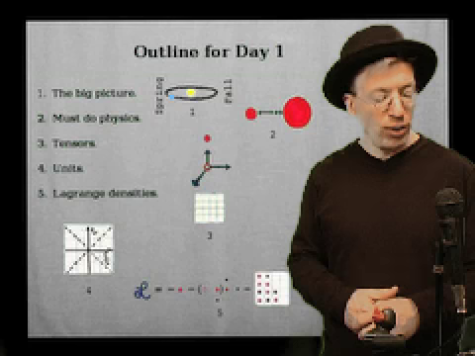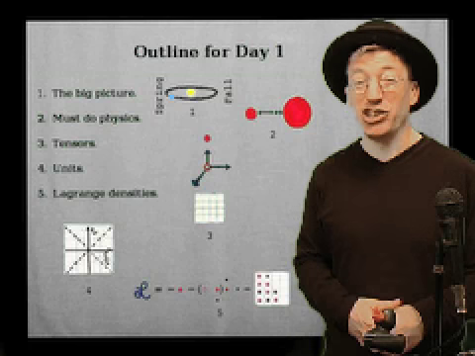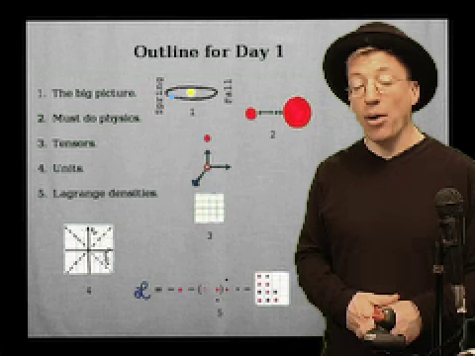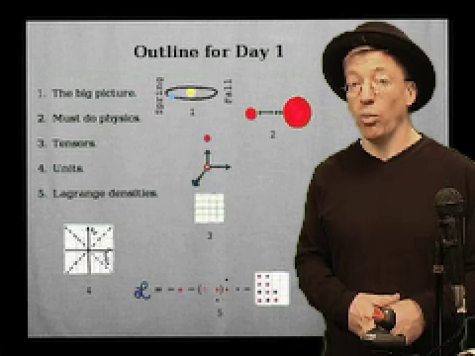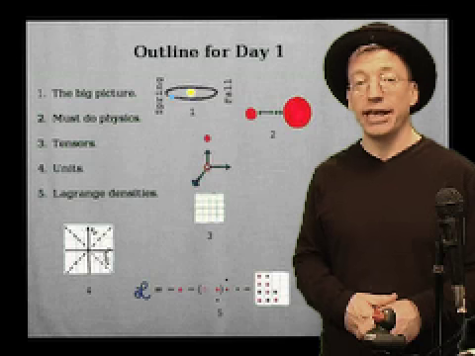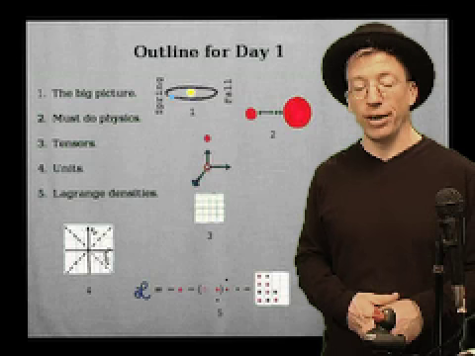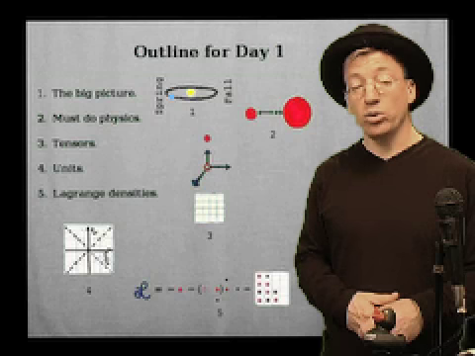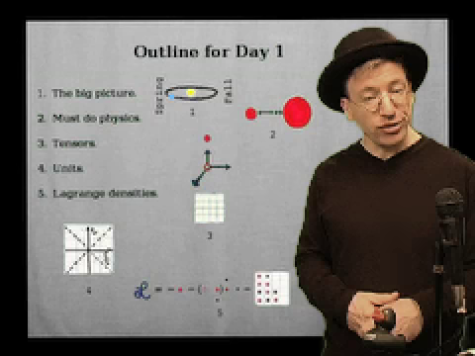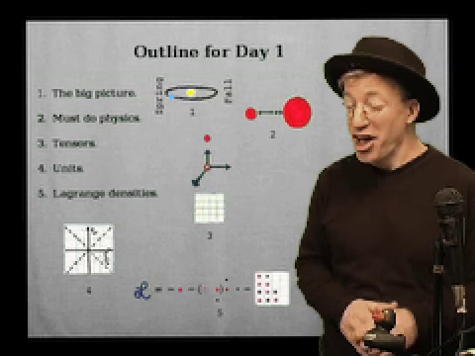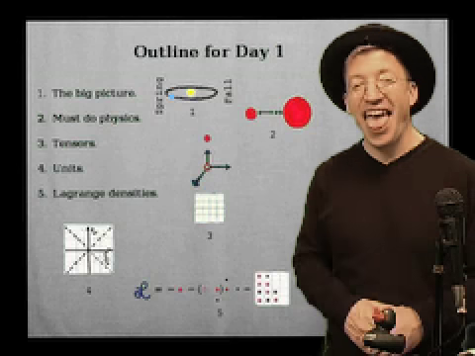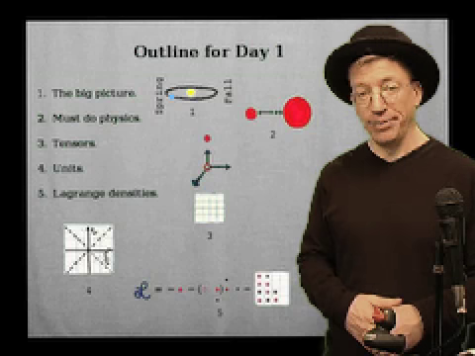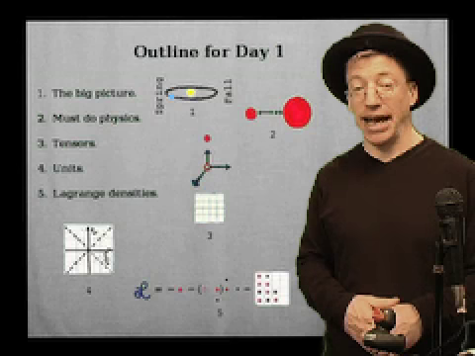And then I will go into the sorts of things that I've got to do in this lecture series, must-do physics. I will introduce tensors, what they are, and why that math tool is so necessary to doing real physics. That will actually be the end of show 1. In show 2, we'll do units, because if you don't have the units right, you're wrong. And then we will do the Lagrange density, everything that can happen inside of a box.